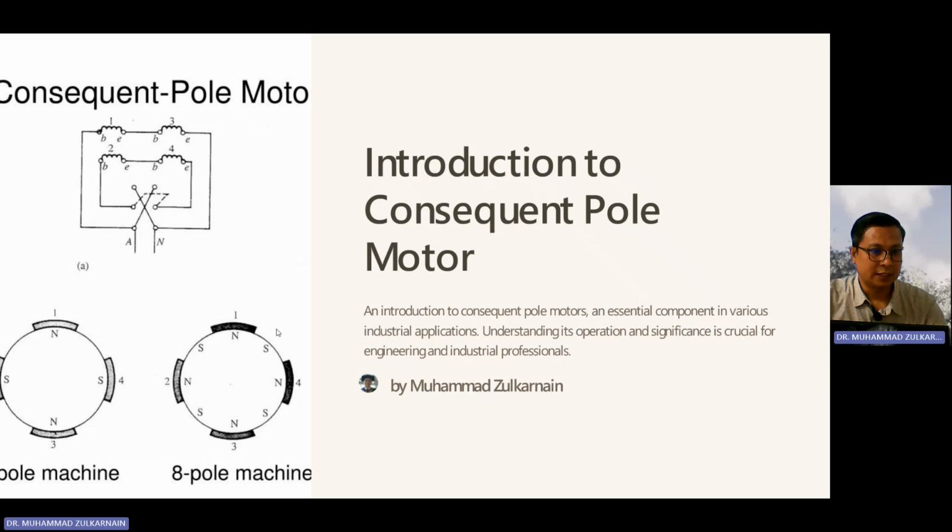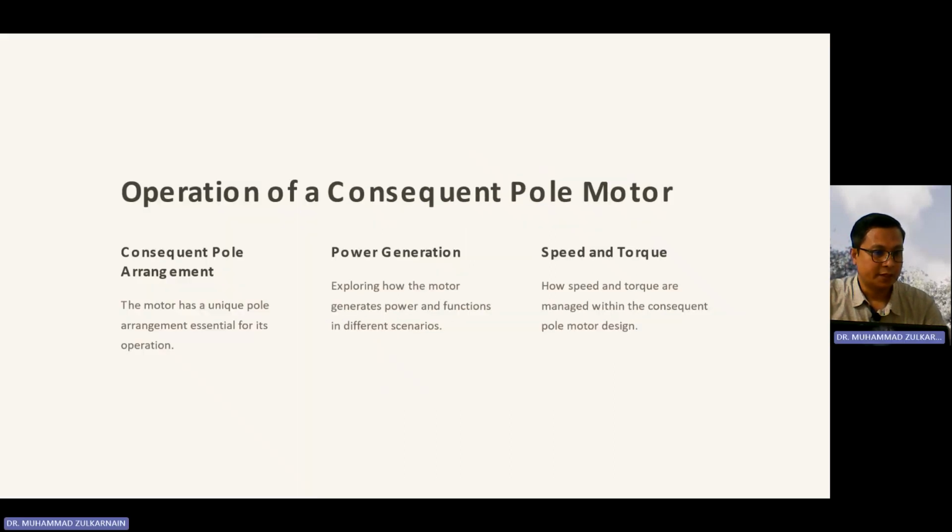So this part will introduce the consequent pole motors, an essential component in various industrial applications. Understanding its operation and significance is crucial for engineering and industrial professionals. Operation of the consequent pole motor. Consequent arrangement.